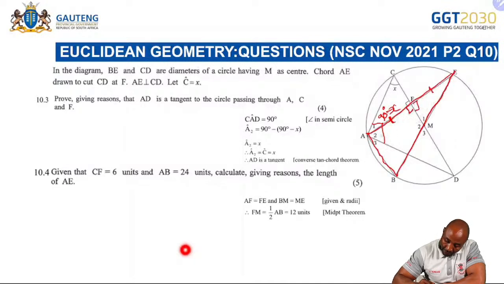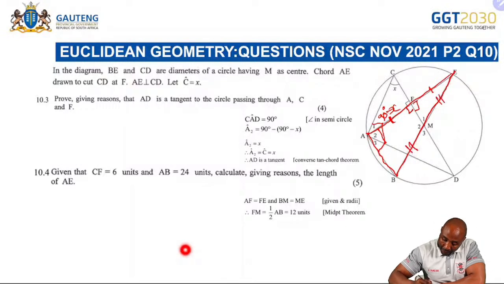That one is also 90 degrees. This angle here is going to be 90 degrees because BE is a diameter. So it follows that our EM is also equal to our BM.